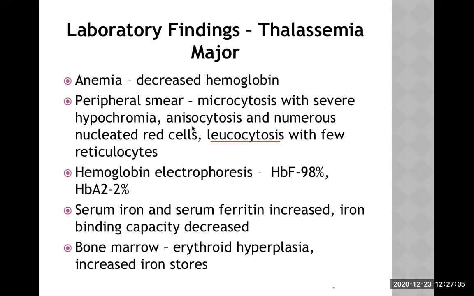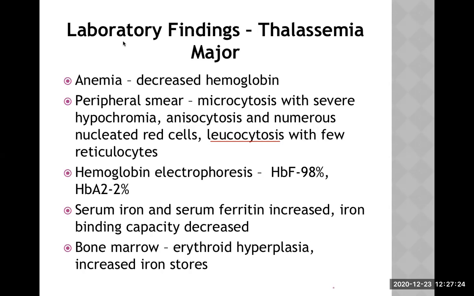Hypoxia is a stressful situation for our body, and because of a stressful condition, there is usually migration of leukocytes from the margin of the blood vessels to the mainstream. That may be another cause of leukocytosis.